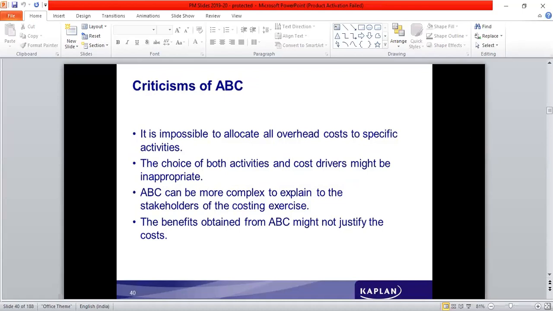Criticism of ABC. One important thing is that it's time taking. It's a very complex procedure, and somebody has to be involved in taking up these things and accounting for them. So it is costly and time taking, whereas traditional costing is simple, easy to calculate and account for. With ABC, it is impossible to allocate all overhead costs to specific activities.